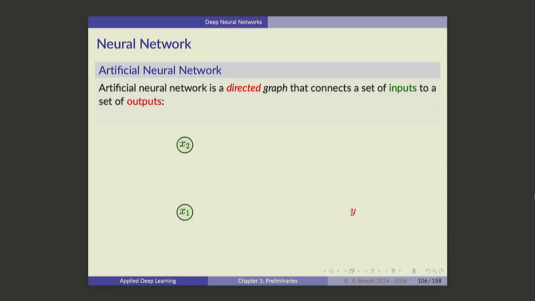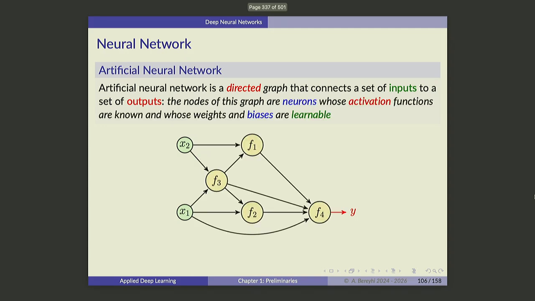You want to connect them to y. You can draw any directed graph. It means that you can put a lot of nodes, right? And then you can just draw edges which have directions. Like they start from one node, they go to another node, right? And if you think of every single node in between to be an artificial neuron, then that guy is a neural network.